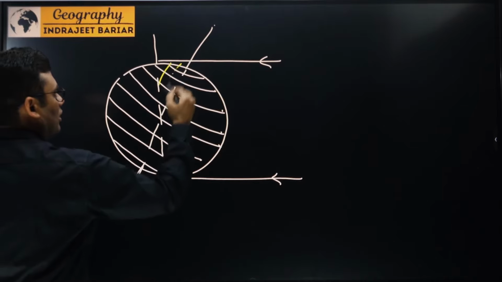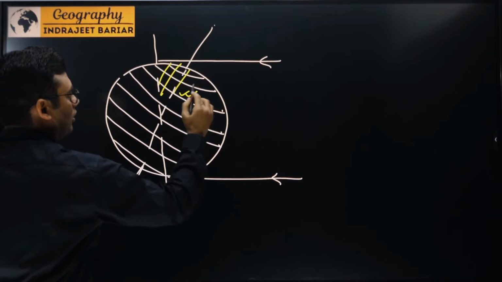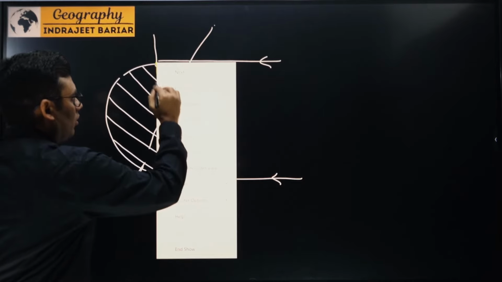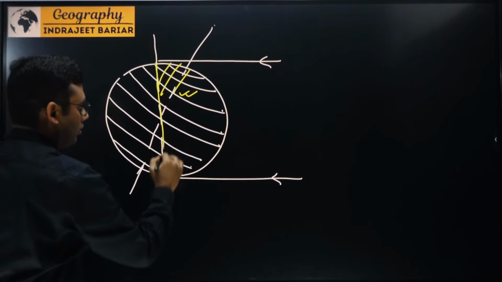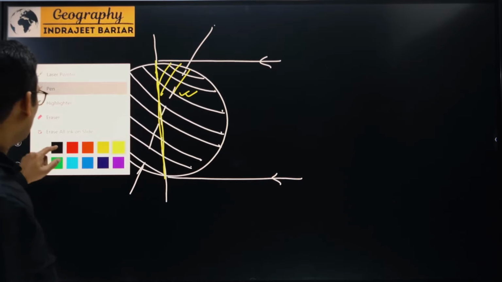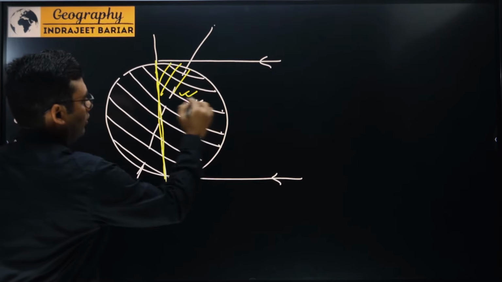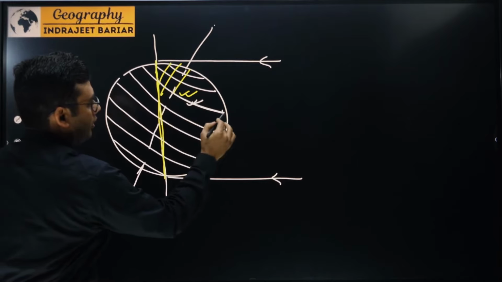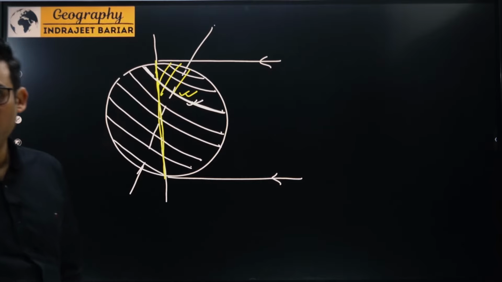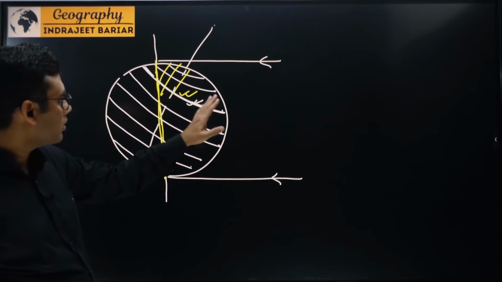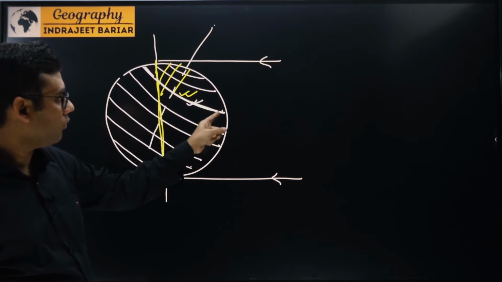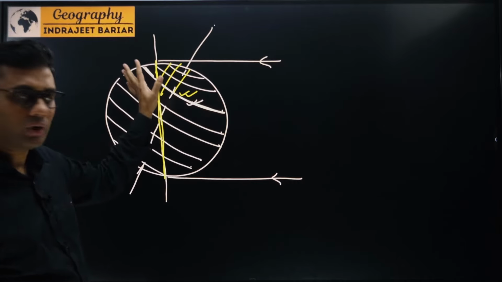As the sun rays are falling in this section, this becomes our circle of illumination. If you see this particular latitude, this much part is on the day side and this much part is on the night side, which means at this position we have more length of day and less length of night.